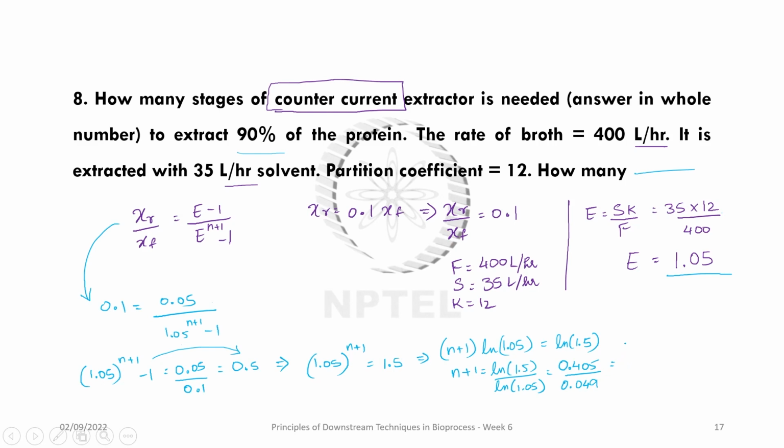It doesn't really matter because we are going to round off to the next whole number, which gives us n is equal to, what did you all get? 8.26 minus 1 would be 7.2. So we're going to approximate it to 8 stages, right? So how many stages? 8.